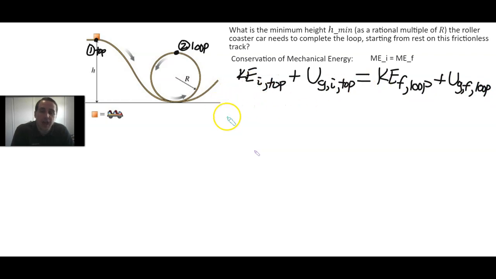Okay, so now let's put in expressions for these things. Let's assume this is mass m for the car, and let's also be careful about how we write everything in here.